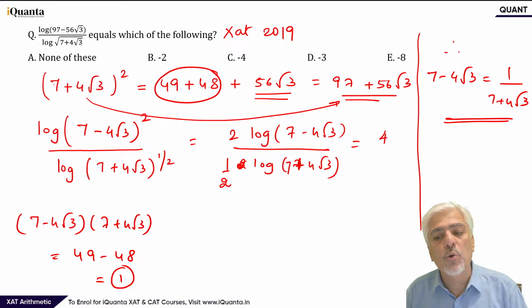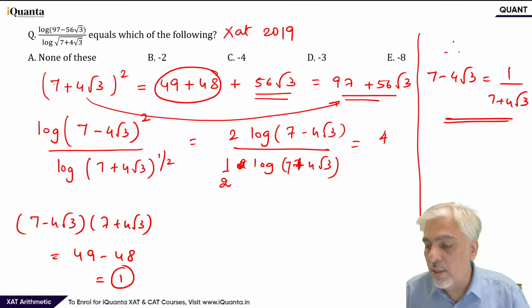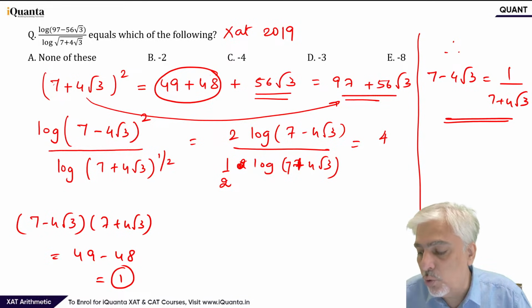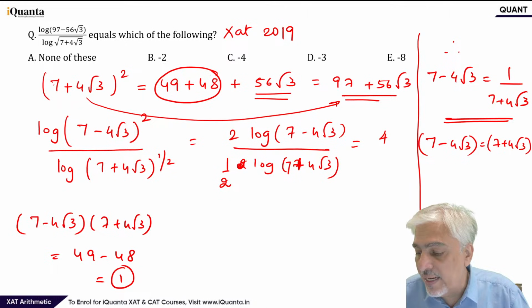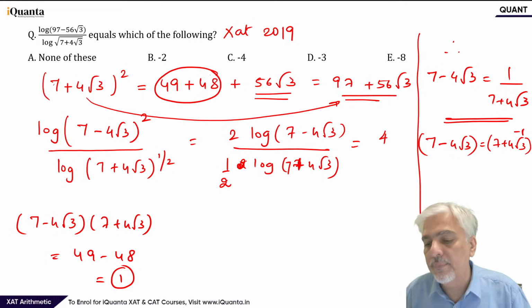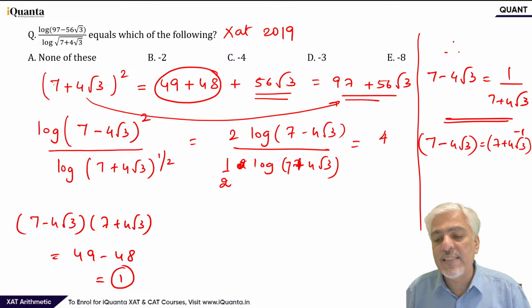Or I can say 7 minus 4 root 3 is the same as 7 plus 4 root 3 raised to minus 1. A little lack of space, just excuse me for that. That is raised to minus 1.